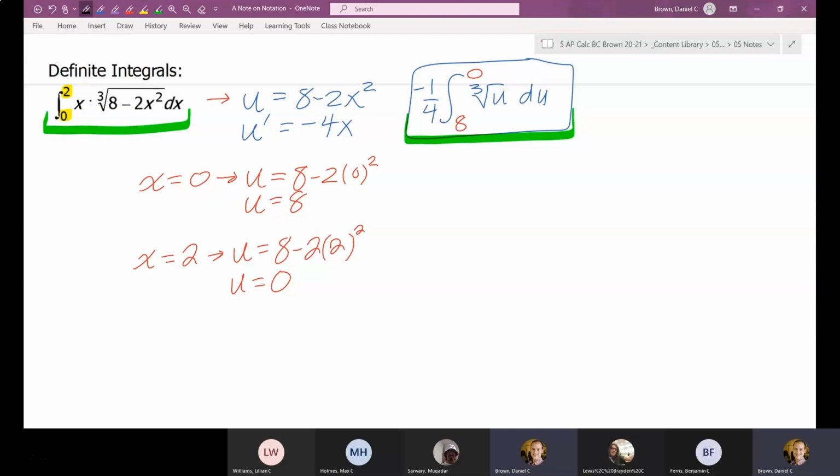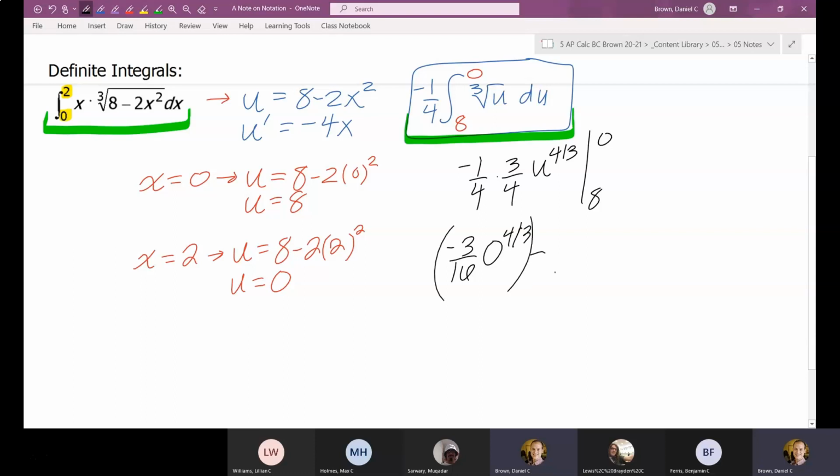I often don't, but if you evaluate it that way, then you just leave pretty much everything in terms of u. So we have the negative 1/4 across, the integral of 4/3 times 3/4 again, plugging it in, 8 to 0, and you can just leave it all in terms of u. So this becomes negative 3/16, plugging in the top minus plugging in the bottom.